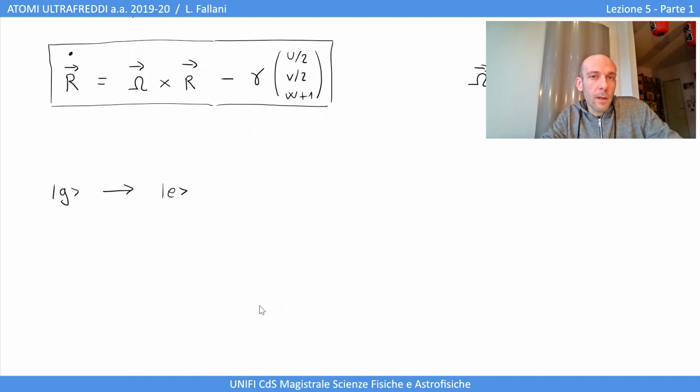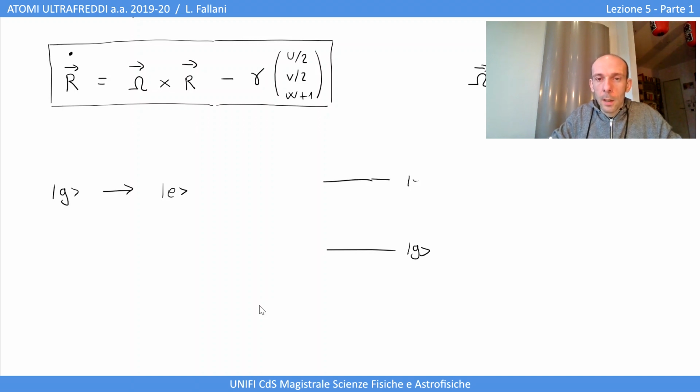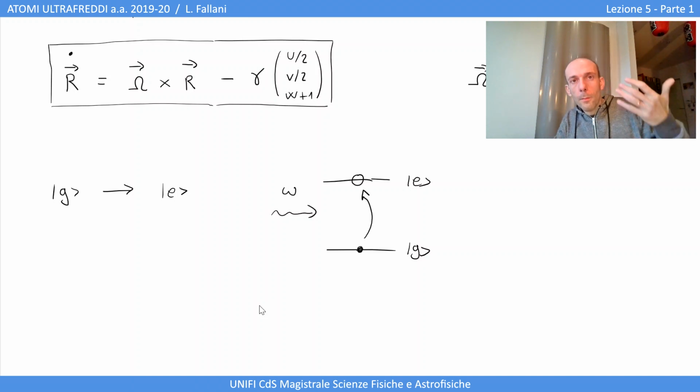So the idea here is just to apply some field in order to make the transition from G to E and then stop this field in such a way that the system stays in the final state. So we want basically, in the two-level description, to start from G and, taking advantage of a coupling with radiation, bring the atom from G to E and leave the atom in state E. Suppose that we don't have any relaxation now.